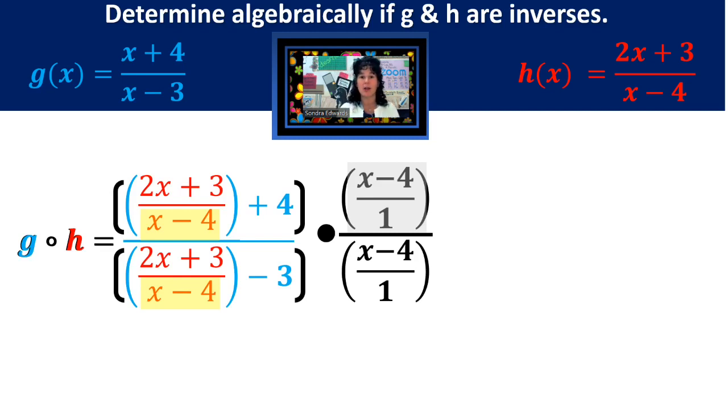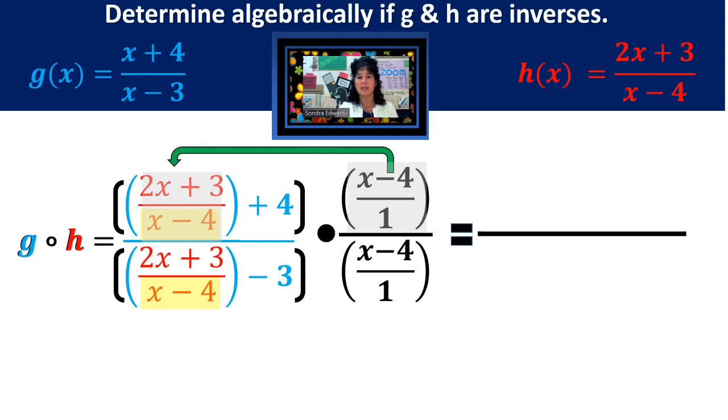I'm going to distribute x minus 4 over 1 to each piece. All right, starting here, we want to multiply 2x plus 3 over x minus 4 by x minus 4 over 1. If you multiply these two fractions together, the x minus 4s cancel. And if they cancel, the only thing left when I multiply these two gray ones together is going to be the 2x plus 3.